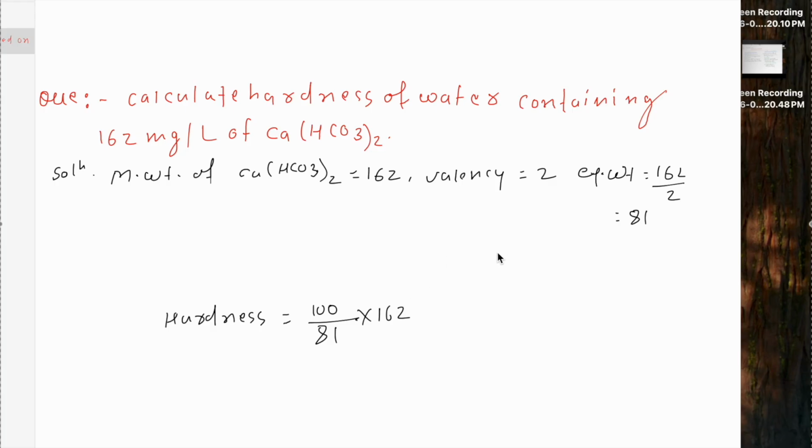This is equal to 200 milligram per liter. You can say like this, or simply you can say ppm, parts per million. Now we are going for the next question.